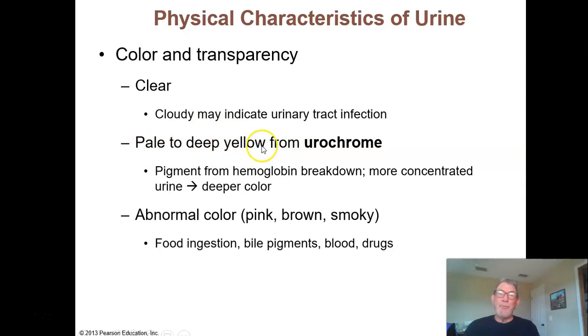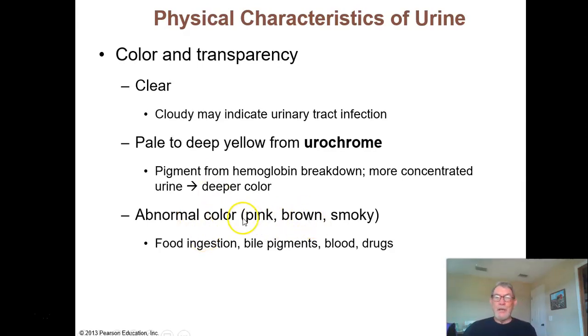So pale to deep yellow can mean healthy, but pale yellow means that you're properly hydrated, or euhydrated, EU. Remember, EU means good. Euhydration is normal. Hyperhydrated means you have too much water in you. Hypohydrated or dehydrated means too little.